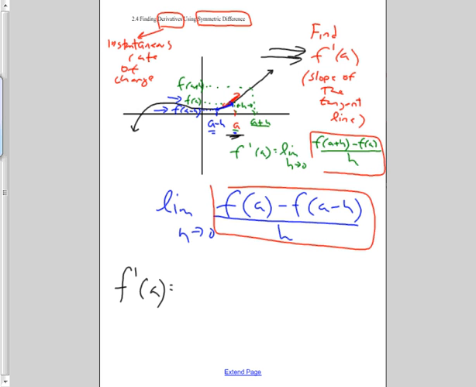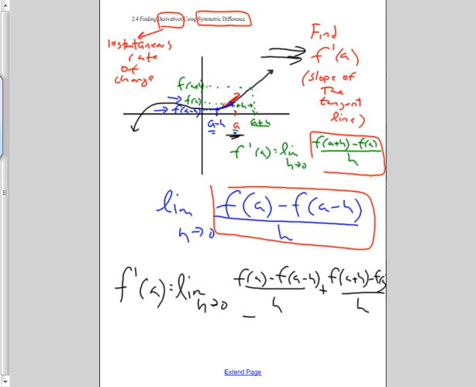So in both cases, we're looking at the limit as h approaches 0. And now I'm just going to add these two together. So f of A minus f of A minus h over h plus f of A plus h minus f of A all over h.